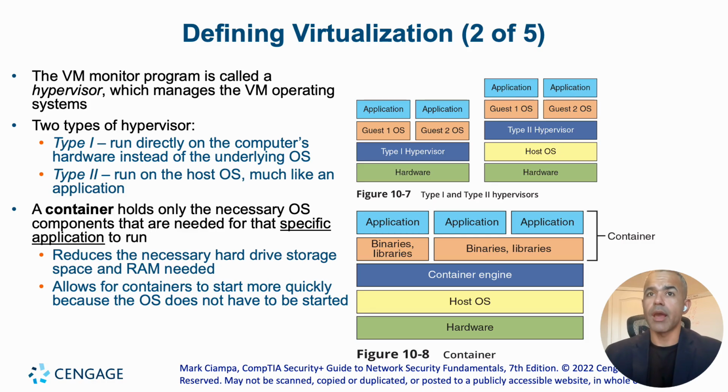Whereas a Type 2 would have like Windows or Linux running on it, and then you're downloading VMware, or if you have a Mac, you're running Parallels or UTM or whatever, and then you're virtualizing through that hypervisor.